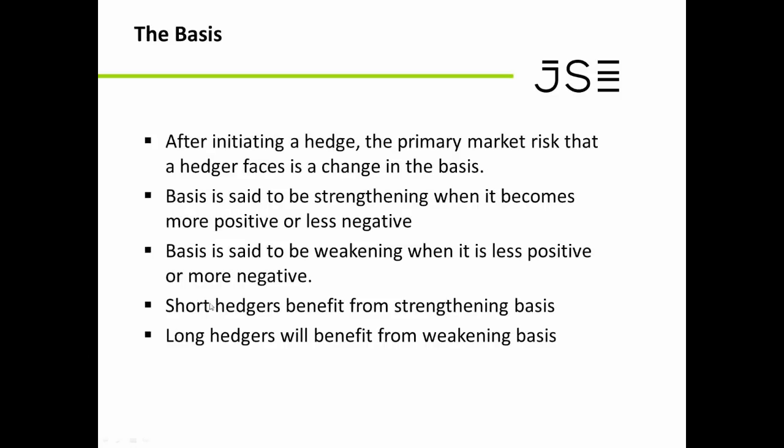We said short hedges benefit from strengthening basis. In other words, because our example is a short hedger position, and we were looking at the scenario of a weakening basis, the short hedger didn't benefit, and that's why at the end he is 5 rand short of what he would otherwise have been, simply because the basis didn't strengthen but weakened in this case.